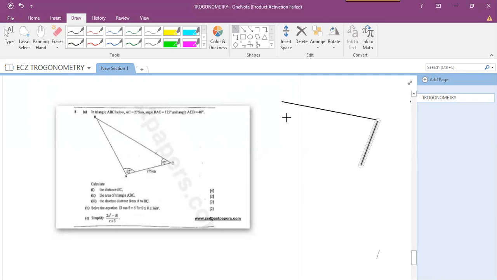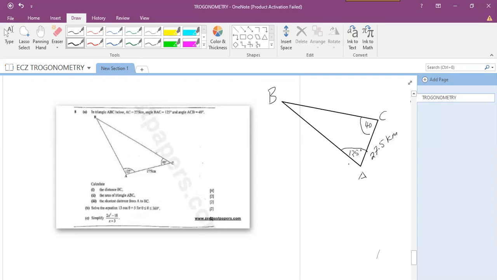Then it has got this side, which is a bit longer, like so. So here, I think this is 125 degrees. Then this is 40 degrees. And they are saying this is B, that is A, and that is C. And this is 27.5 kilometers, and they want us to find this side here, BC.